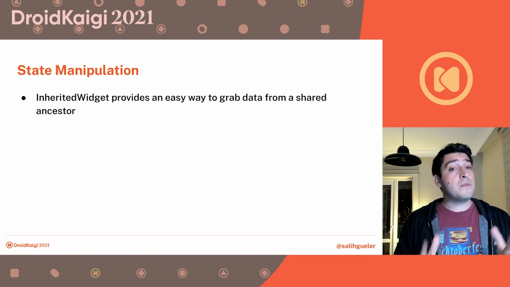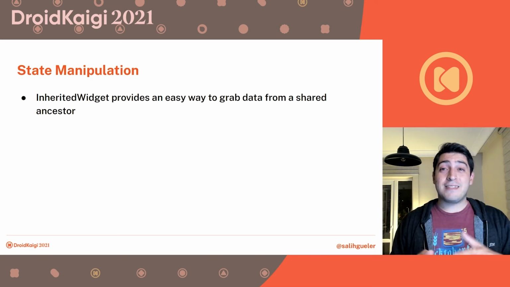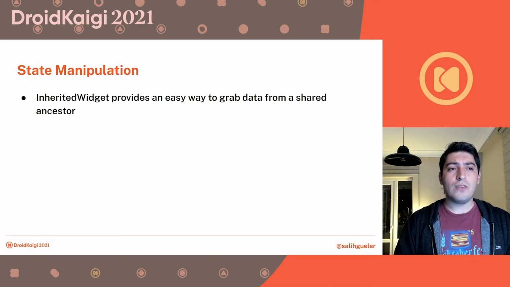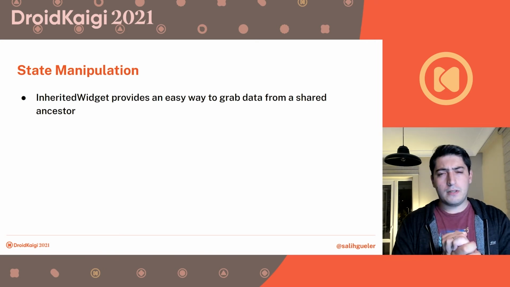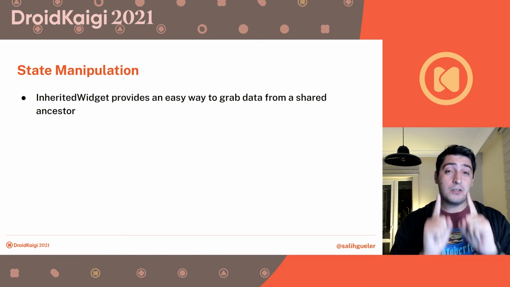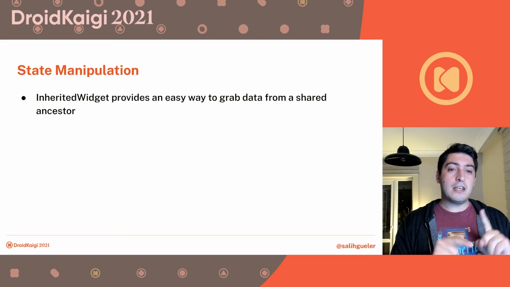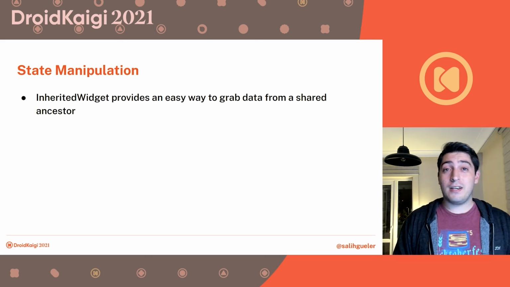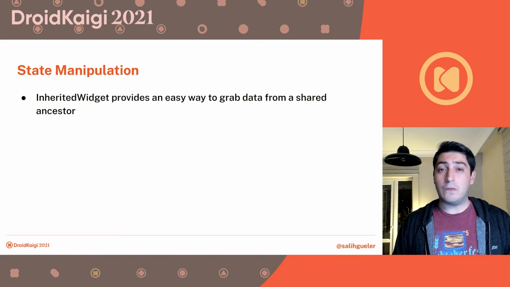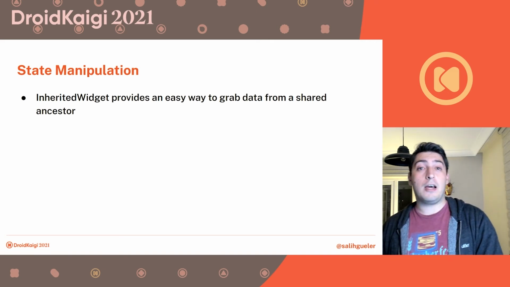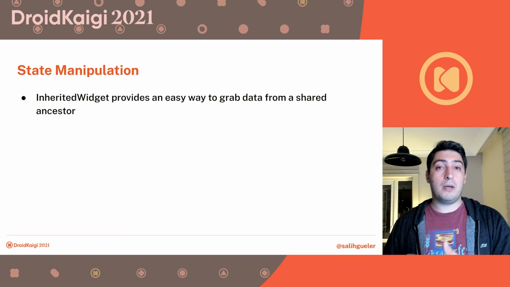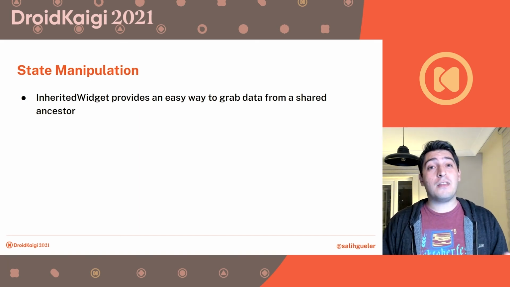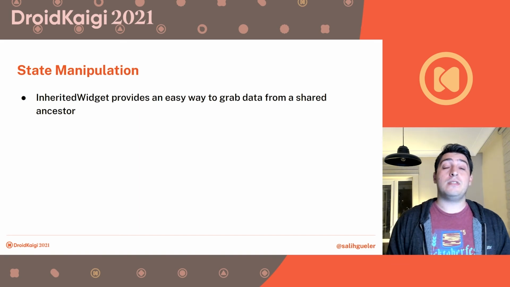As widget trees get deeper, passing state is hard, and this is their way of doing things simpler. But one thing to keep in mind is that inherited widget implementation is something that we rarely do. We use a lot of state management libraries like Provider, Bloc, and many more. And behind the scenes, you need to know that they are actually using stateful widgets and inherited widgets.